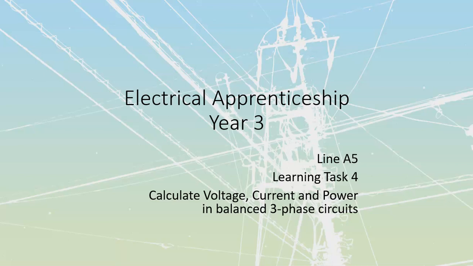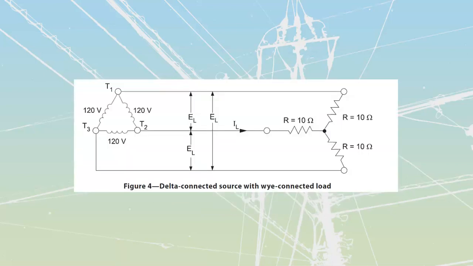And because we've got two different types of configurations, we're going to have to keep all of our individual formulas straight. Let's do that right now just by placing them real quickly down on their side of the equation. On the delta side, I know that my E line is equal to my E phase, and I know that my I line is equal to my I phase times root 3.